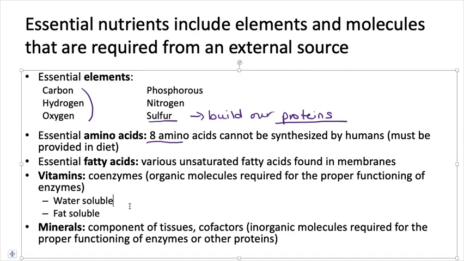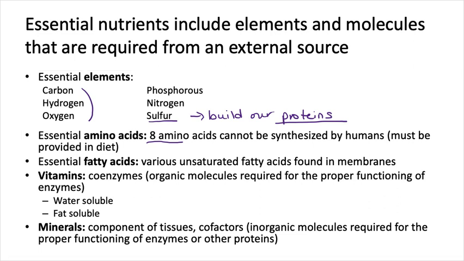Water-soluble vitamins include things like vitamin C. And with water-soluble vitamins, because they are soluble in water, if we get too much of them, we can excrete the excess in our urinary tract, in our urine through the excretory system.